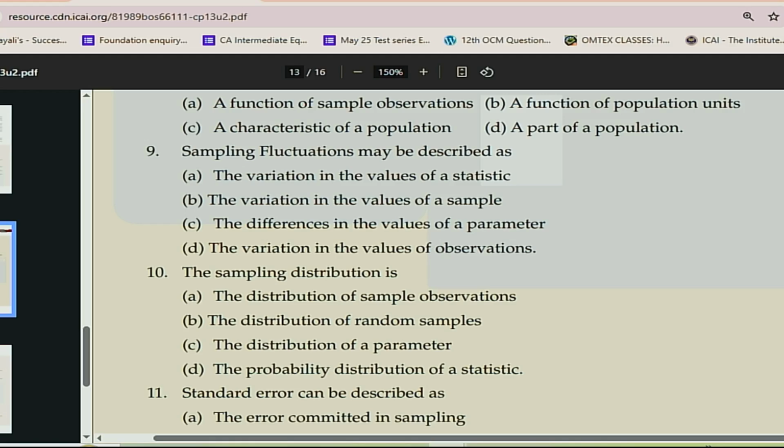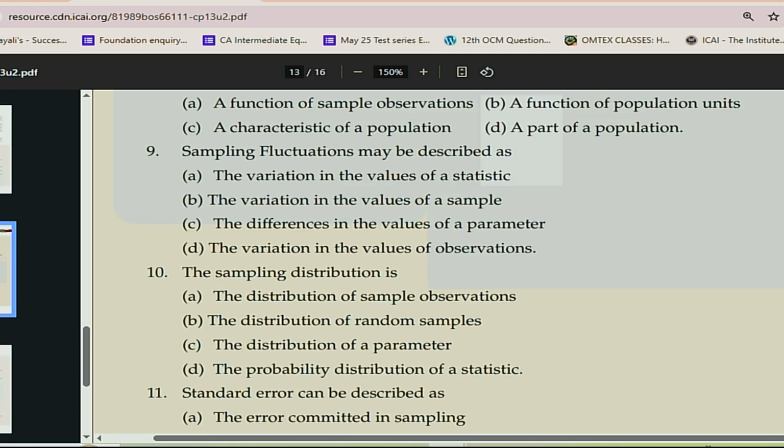B is the correct answer for this, is it? पीछे देखो and tell me. नहीं, पर variation in the values of a statistic may result to sampling fluctuation. If the values only are not correct, that might lead to fluctuations, not errors. There's a difference between fluctuation and errors. Errors and fluctuations are not same.